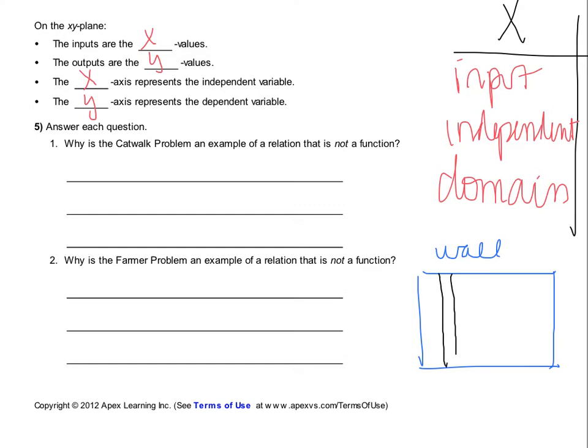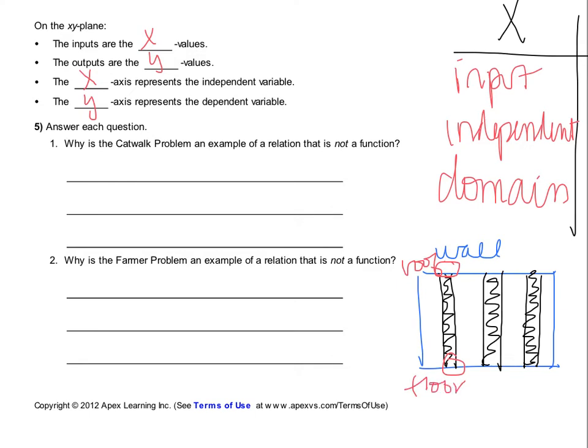Support beams establish the foundation, or the structure, of the building. So these support beams are about every 16 inches apart. And when you think about this support beam, it's going to touch the building at two places. It's going to touch at the roof, and it's going to touch at the floor.